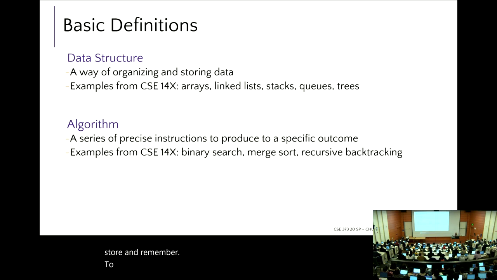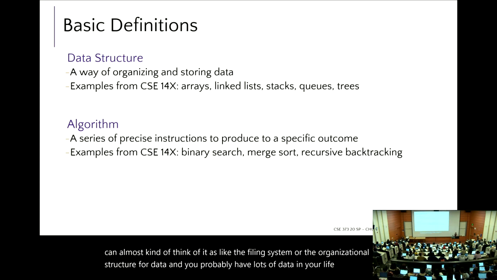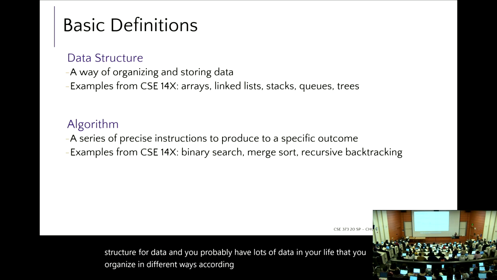So a data structure is how we take all of this information and organize it. You can almost think of it as the filing system or the organizational structure for data. And you probably have lots of data in your life that you organize in different ways according to how you use that data.